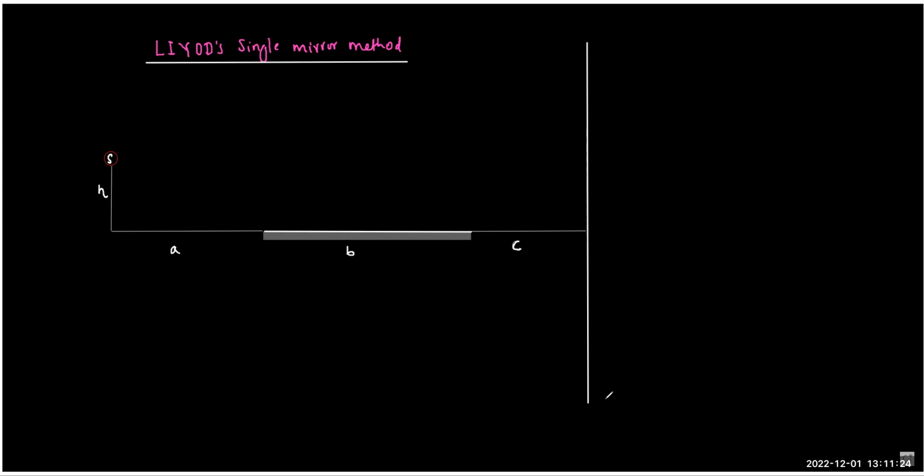Yes. So this is your screen. Now light can travel from the source to the screen in two ways. One is direct. So light can directly reach here, here, here. It can reach here also, here also, here also, here also.